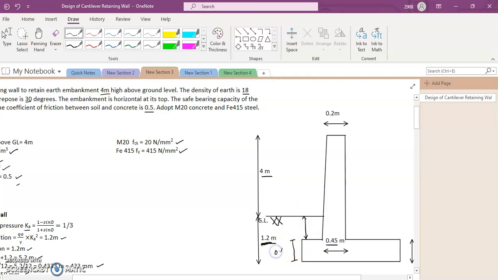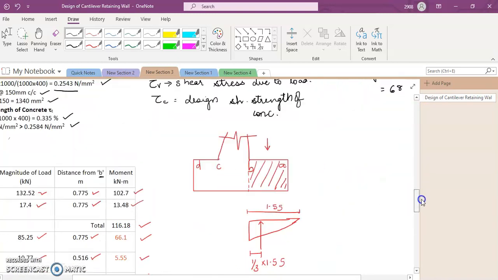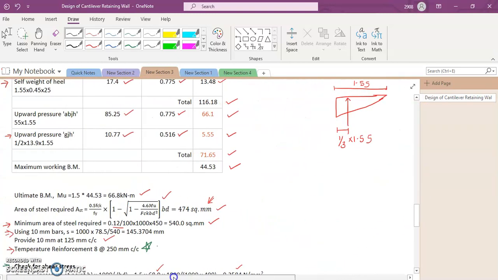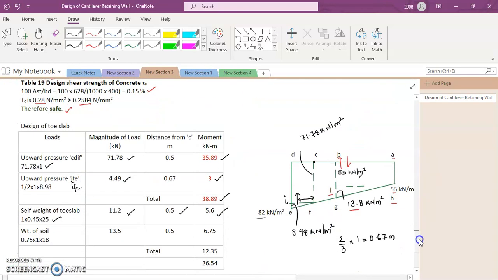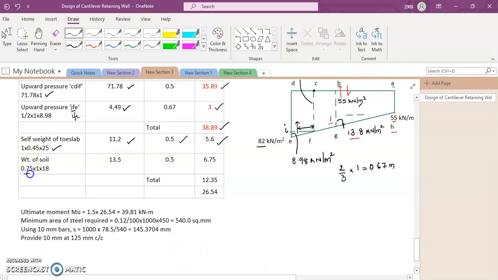We know the depth of the base slab is 0.45, so 1.2 minus 0.45 gives us 0.75 meters. That is the height of the soil above the slab. So it is 0.75 into 1 into the density of soil, 18. We get 13.5. It is acting at 0.5 from C, and we get a moment of 6.75. So the total downward moment is 12.35.